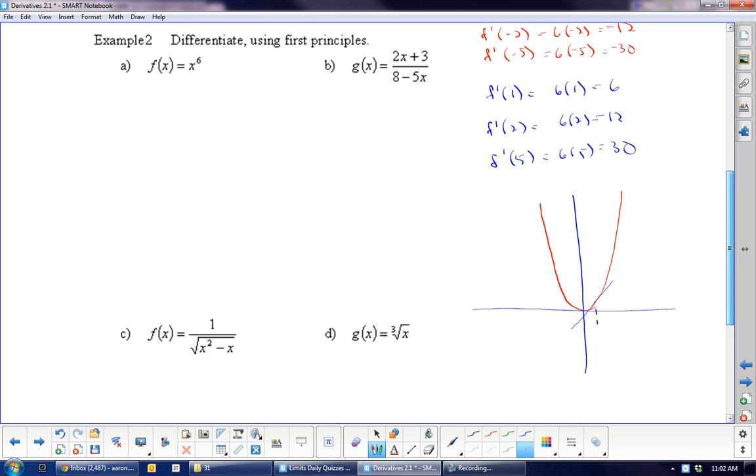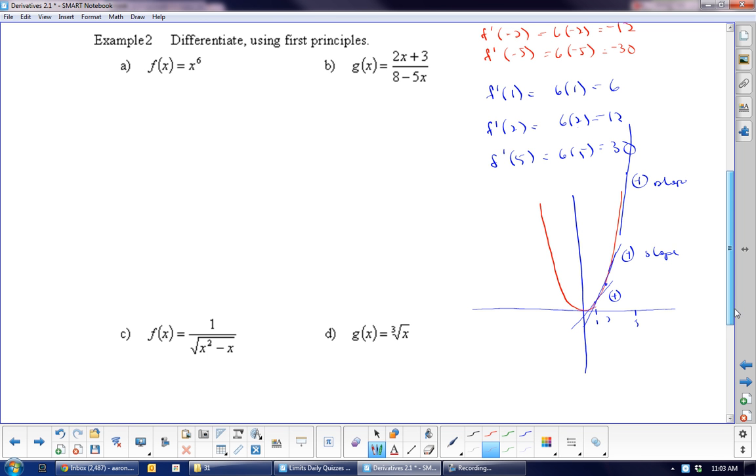Do you see at 2, say 2 is about here, the slope is increasing. And at 5, which is way up here somewhere, it is very steep, and it's at 30. But do you see that they're all positive slopes? Okay, that means if they're positive, they're increasing.